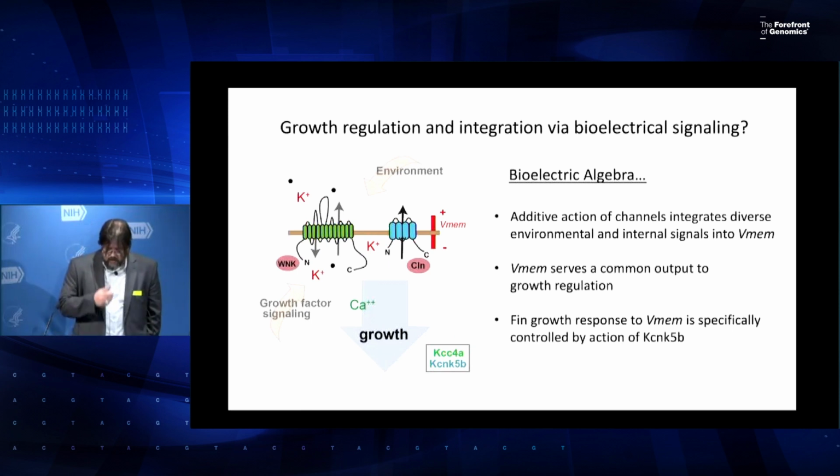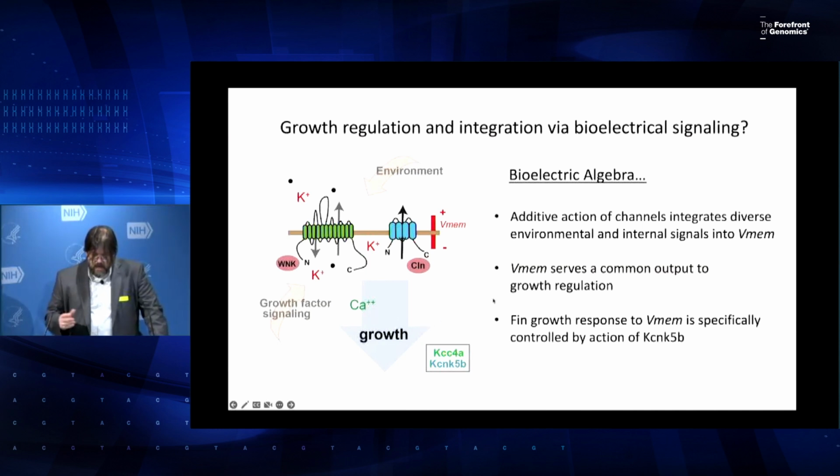And we think the way it works is sort of an algebraic formula, that there's additive action of these channels to integrate environmental and internal state signals into growth patterns to give you coordinated growth of particular structures. And Vmem serves as a common output for this growth regulation.